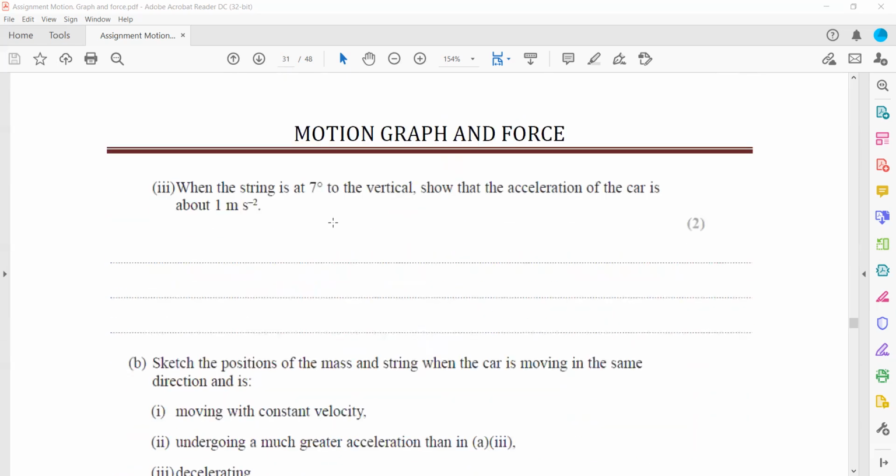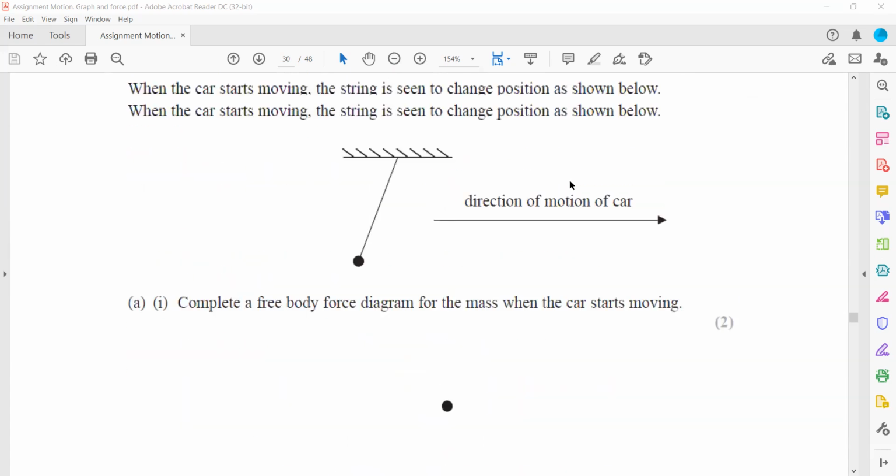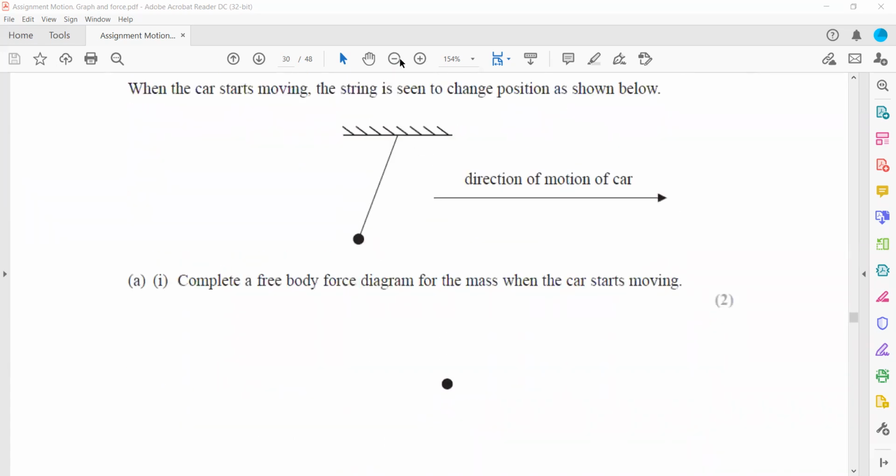Then, when this string is at an angle of 7 degrees to the vertical, show that the acceleration is about 1. So this string is making 7 degrees to the vertical. The tension is T and the weight is acting downward.